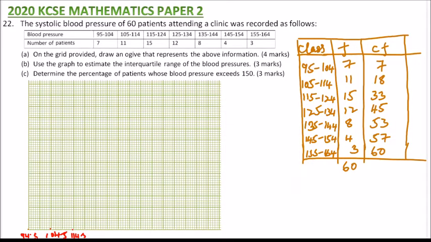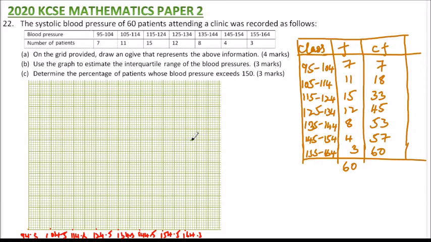Then 124.5. Then 134.5. Then 144.5. Then 154.5. Then we have 164.5.